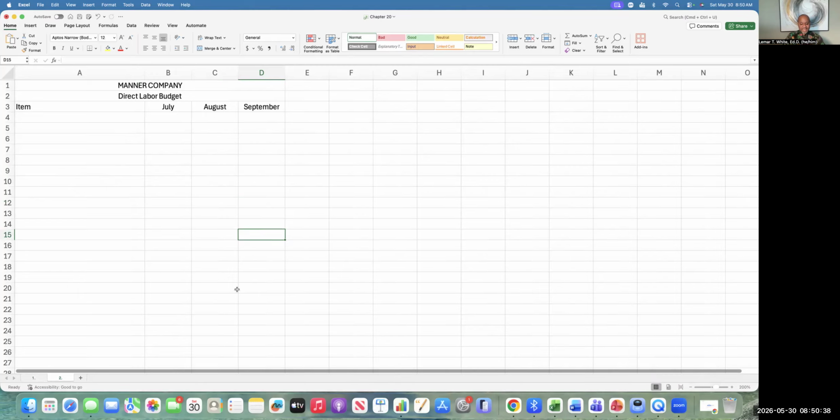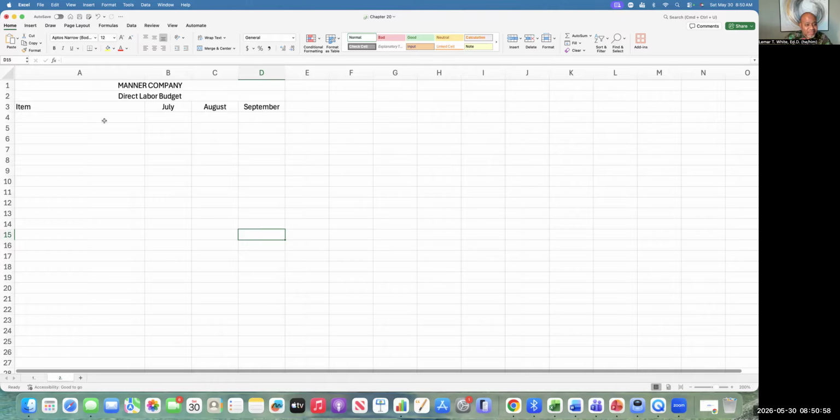August, 680. September, 540. Each unit produced requires 2 hours of direct labor. The direct labor rate is budgeted at $20 per hour in July and August, but is budgeted to be $21 per hour in September. Prepare a direct labor budget for the months July, August, September.